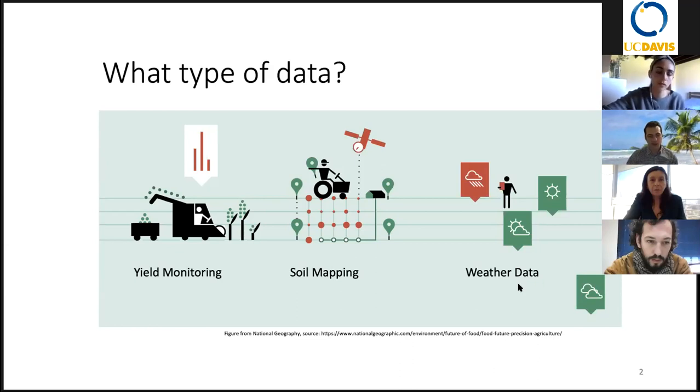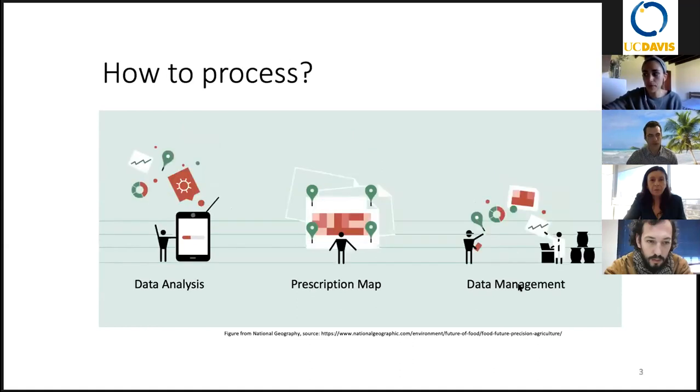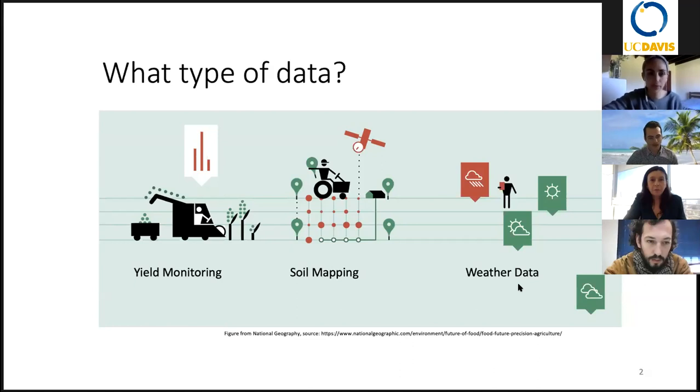Another example is to check the weather data and incorporate the prediction of weather into your crop management models. So these are some kinds of data that we collect. I will introduce more types of data that will be generated through remote sensing.